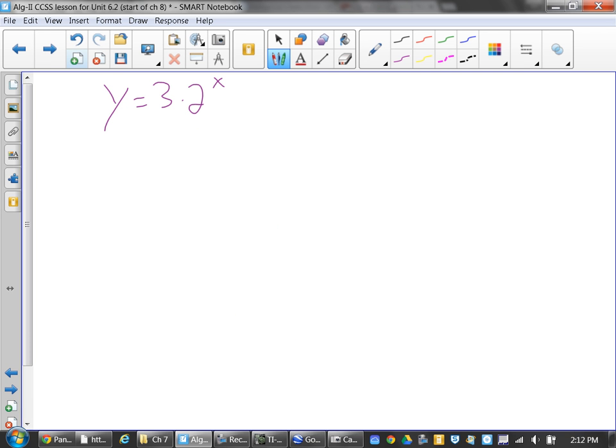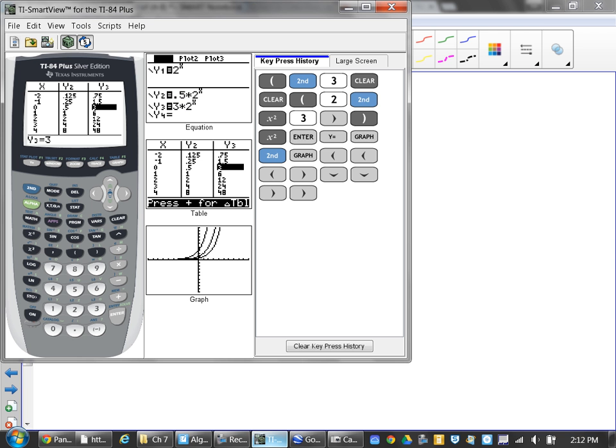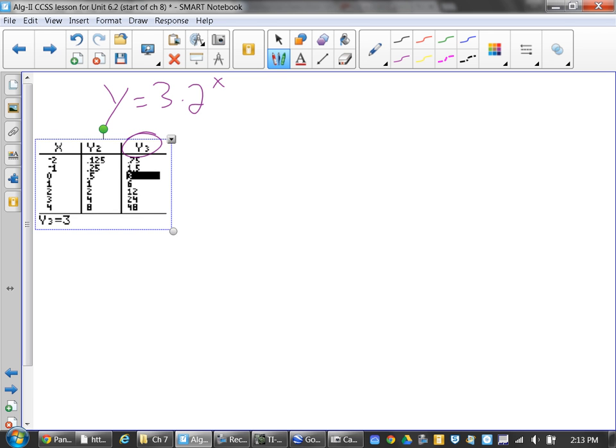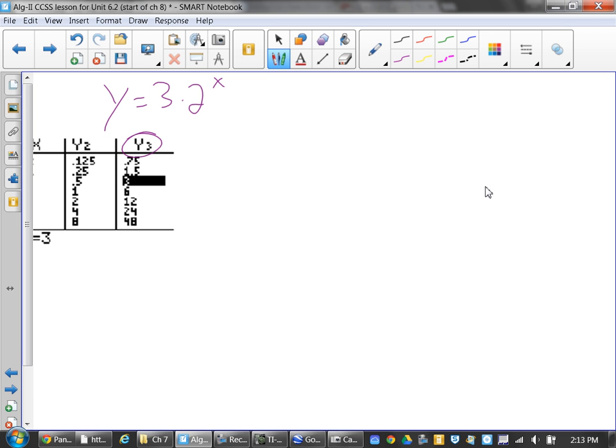We already have that in our table on our calculator. So we would plot it.